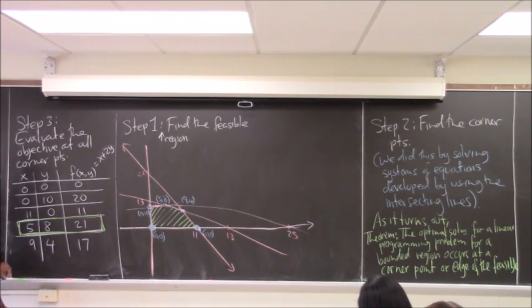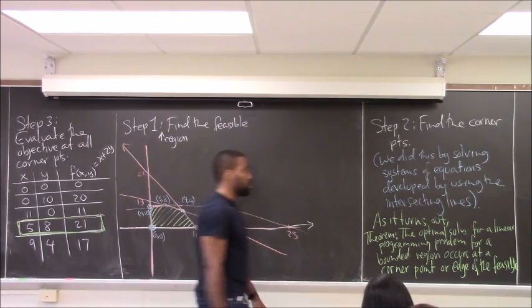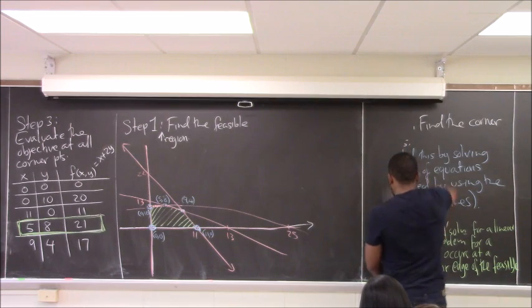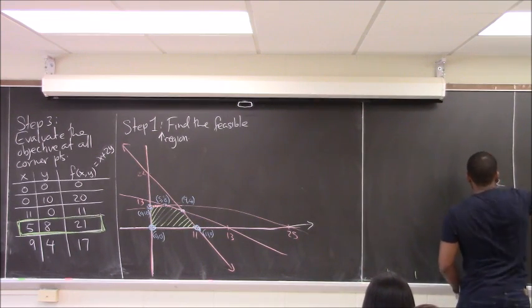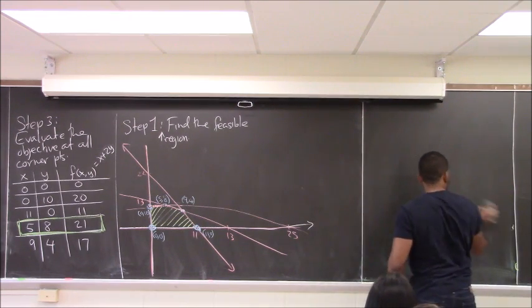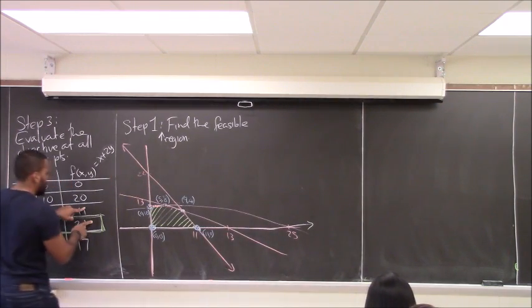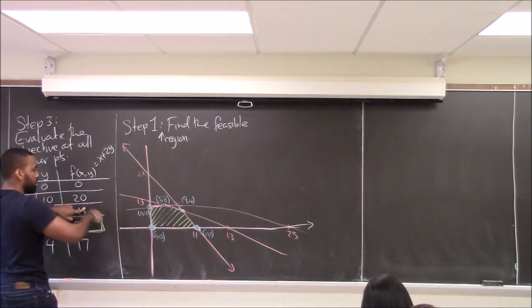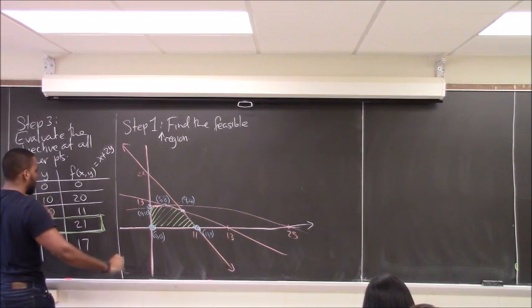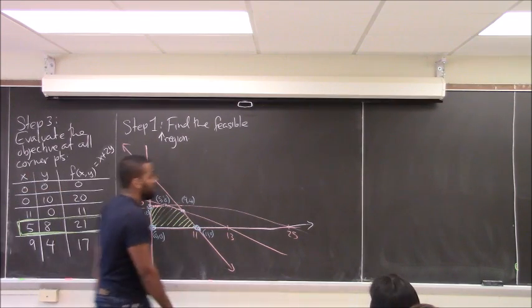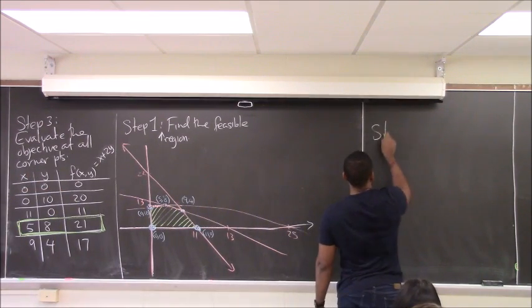So that brings us to step 4. You're going to make a conclusion based on the values of the table. Chances are if you had the same number at 2 different points, it would be the same value going along that entire edge connecting those 2 points.